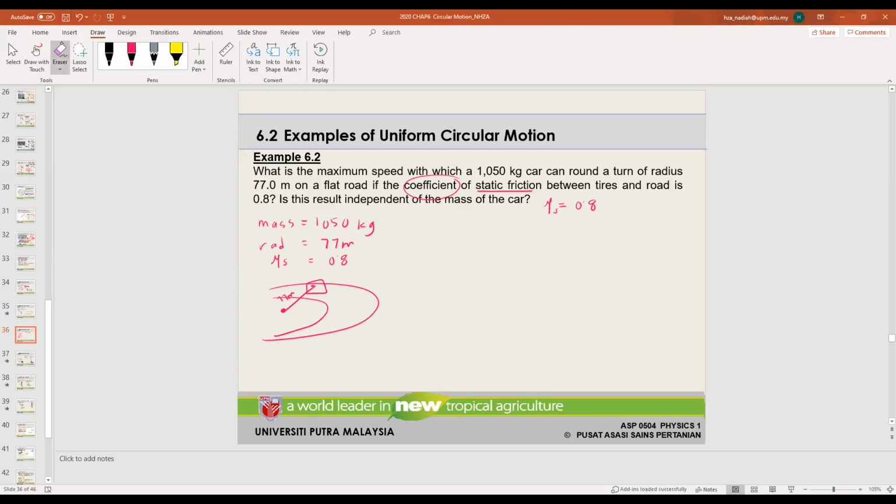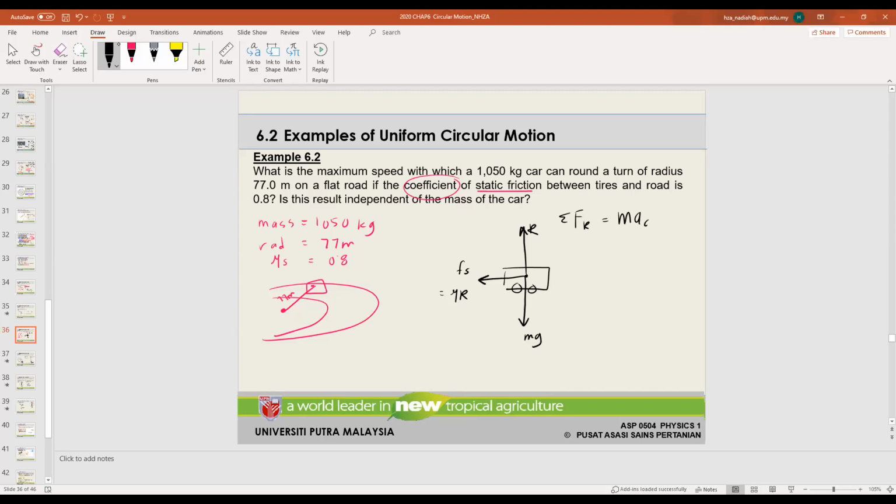Okay, so let's figure out the free body diagram first. Here, this is my car, and this is mg. I have R, and I have static friction parallel with the surface of the road. This is my Fs. What is Fs? It is mu R. What is the maximum speed? Here we know that our force in the radial direction is m ac because we have circular motion.